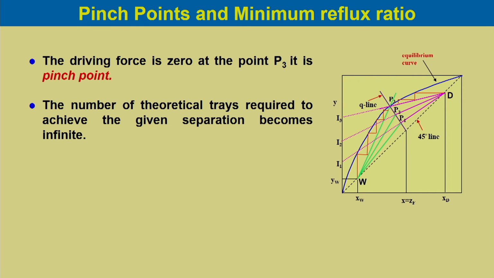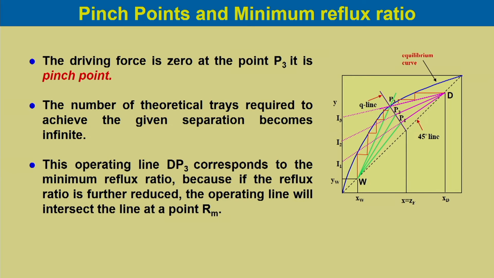So, the number of theoretical trays required to achieve the given separation becomes infinite, because as you reach this point, the driving force is very small and you will not be able to pass the tray. So, the number of theoretical trays required for a given separation will be infinite at this condition.